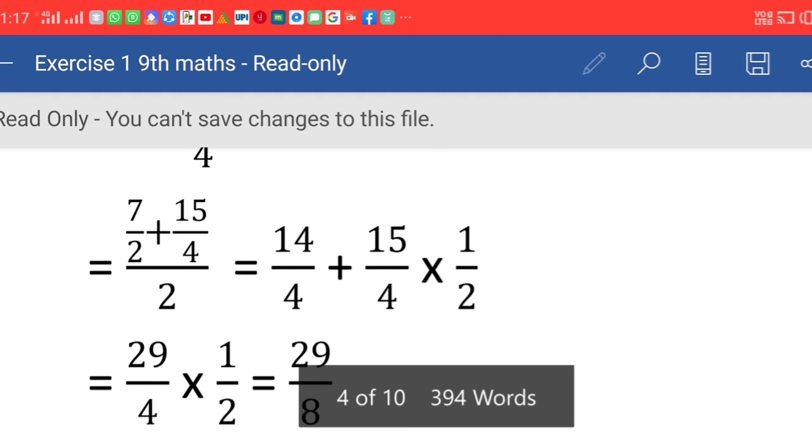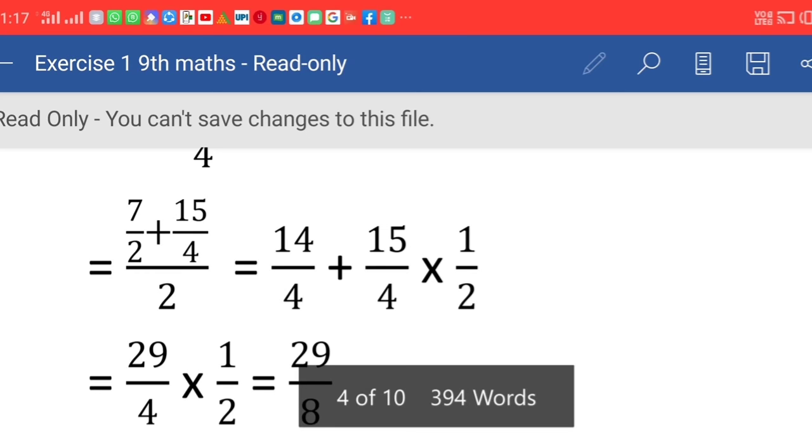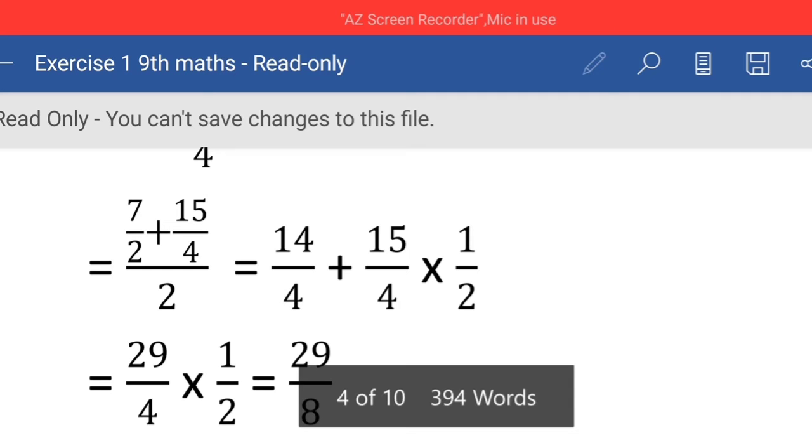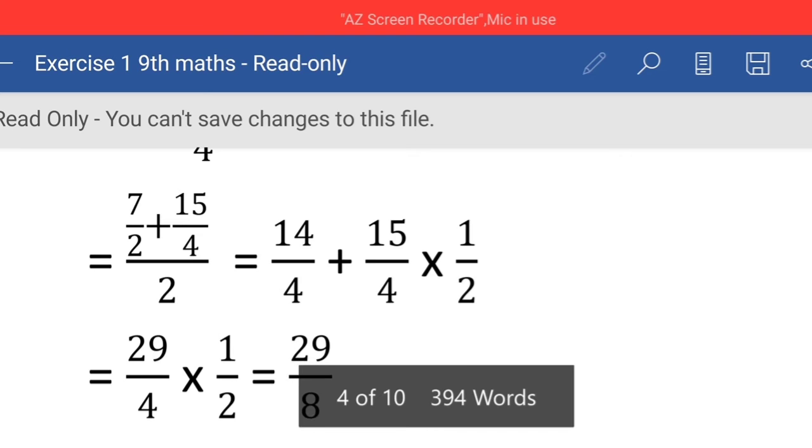Why? The denominator we want to make the same. 4 we want to get as the denominator of both numbers. So what we will do? 2 into 7 is 14 and 2 into 2 is equal to 4. We are multiplying with 2 by 2. You will get 14 by 4 plus 15 by 4 into 1 by 2.